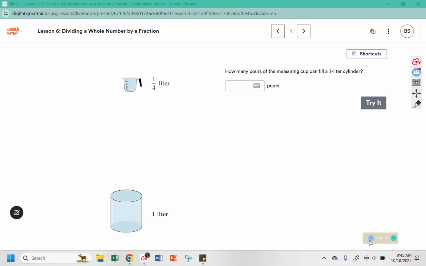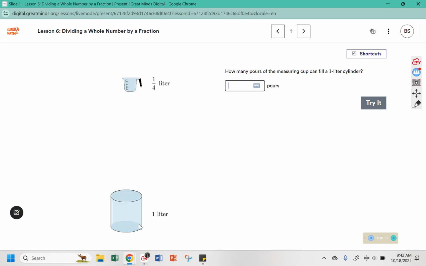How many pours of the measuring cup can fill a 1-liter cylinder? So these are quarter liters. So if we make a prediction like 3, we can try it. And we see that's not enough.